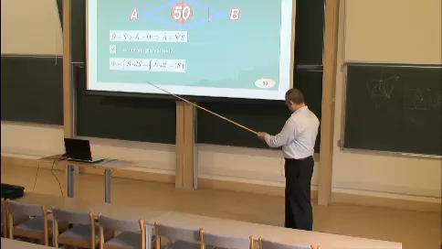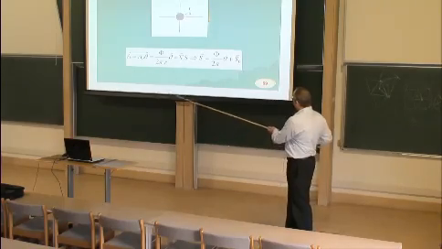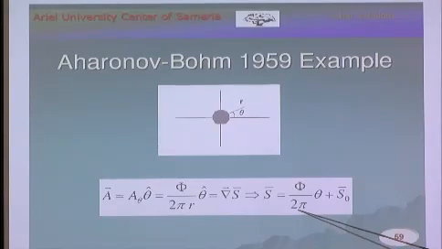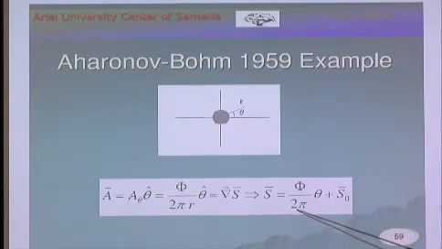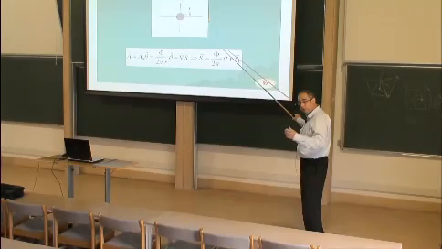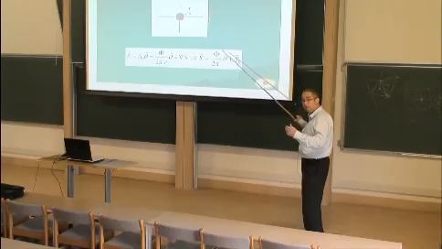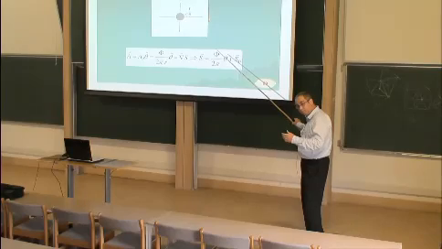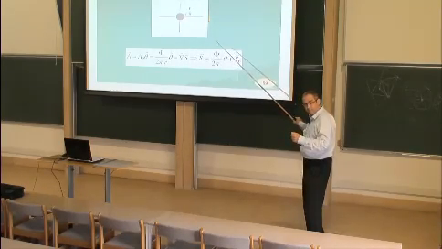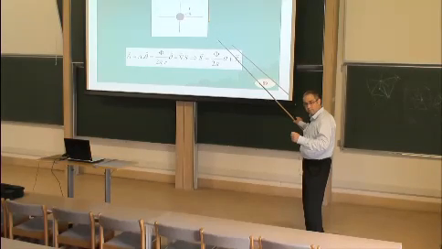Okay? Let me go to the phase. You see that the phase is dependent on the magnetic flux. So if I change the flux, there would be a different phase difference, and there would be a different interference pattern. So it is that the electrons actually feel this vector potential.